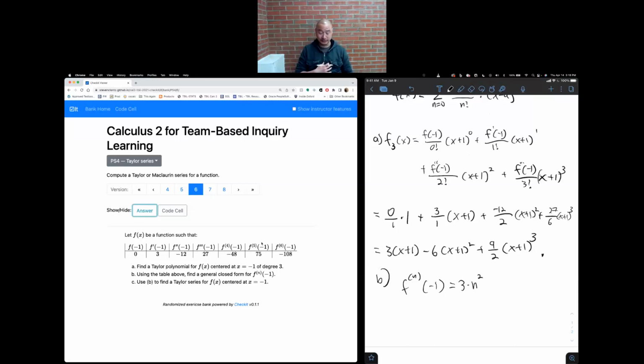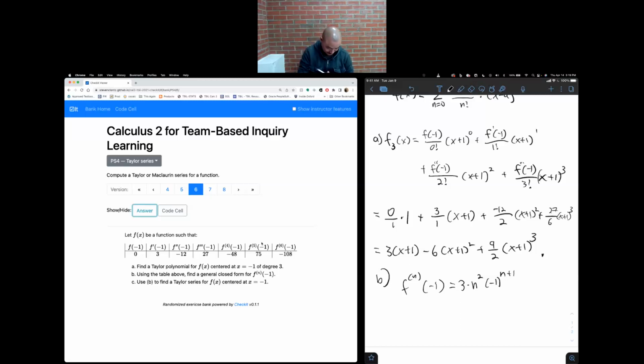There's a square involved. And there's a -1 to the n involved. But it's negative when n is even. So that means we have an extra negative on there. So the power here is odd when n is even, and it's even when n is odd. So that gives us our closed form.